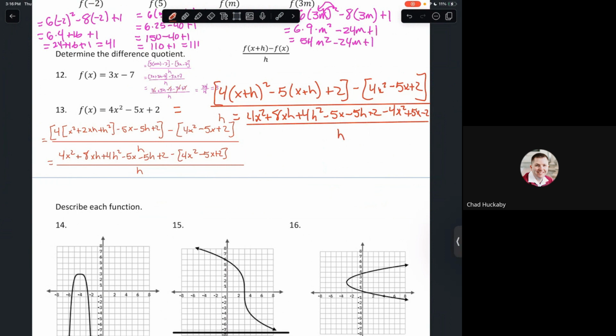Okay, so we have a 4x squared minus a 4x squared, so those cancel. We have a minus 5x plus 5x, which cancels. We have a plus 2 minus 2, which cancels. And so we're left with 8xh plus 4h squared minus 5h all over h.